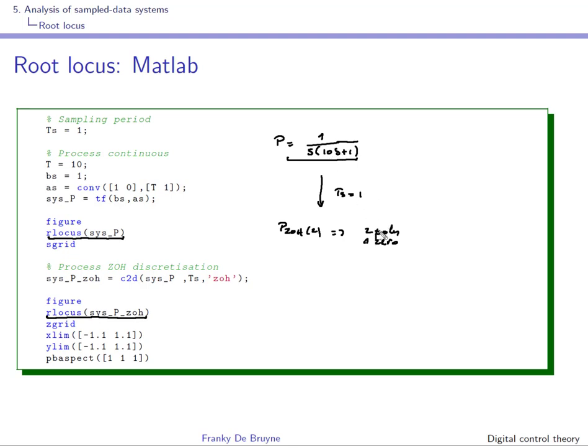So you see here that the situation is already different. As far as the critical gain is concerned, the critical gain is infinite, but after discretization we have to take into account the zero order hold mechanism, and we will see that the critical gain is no longer infinite.